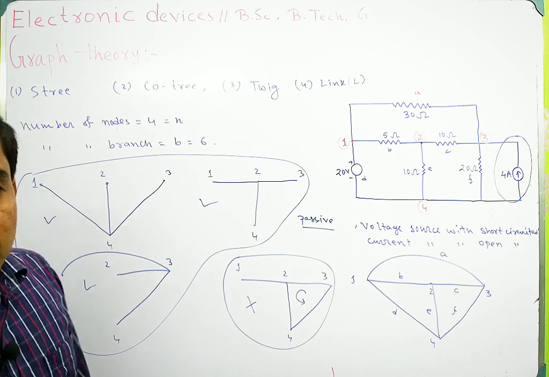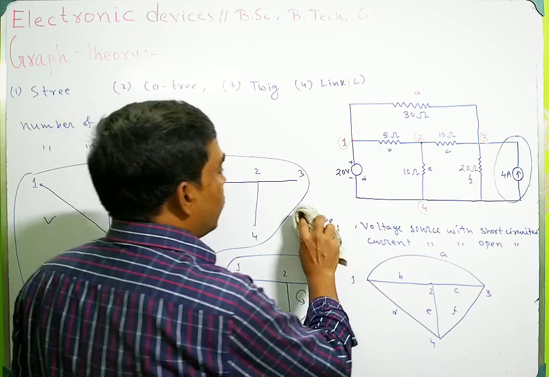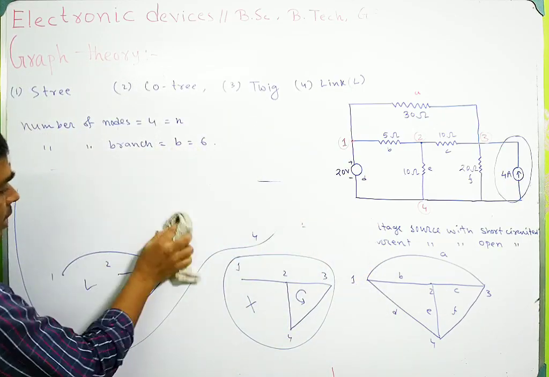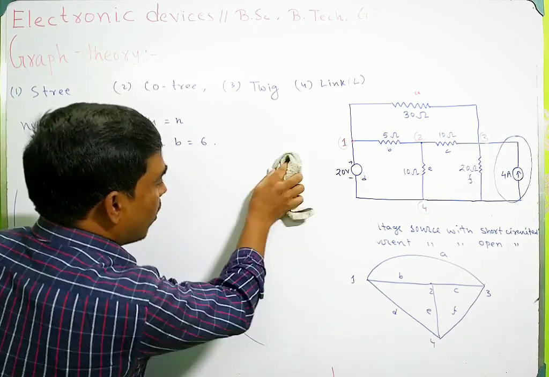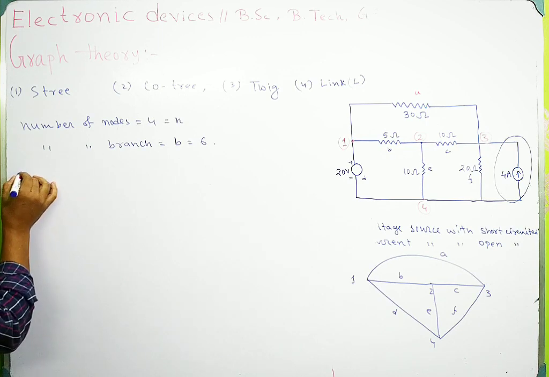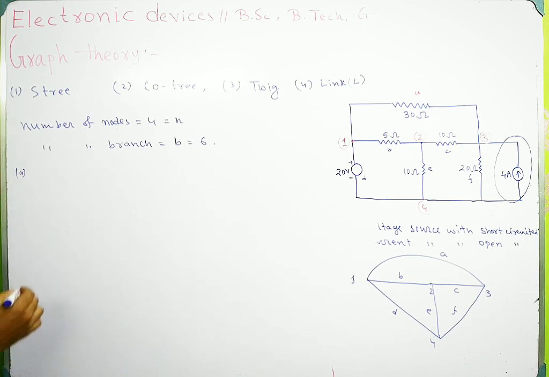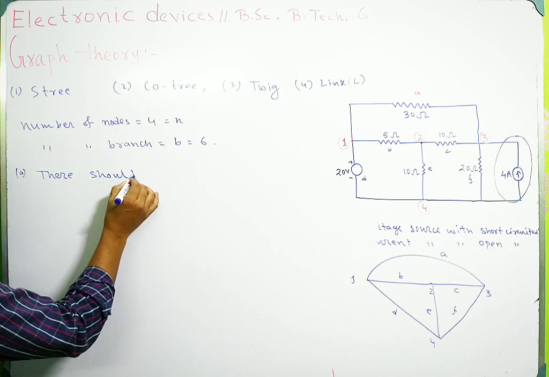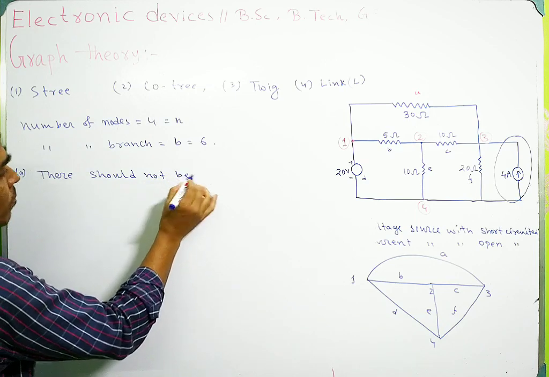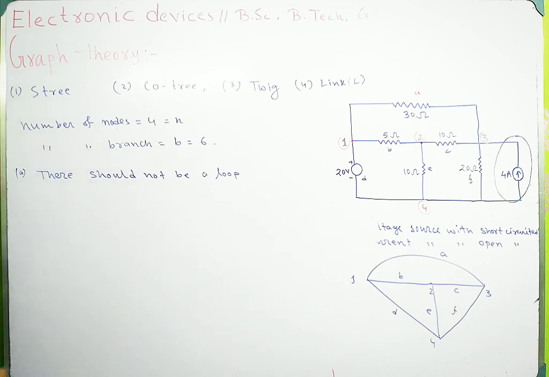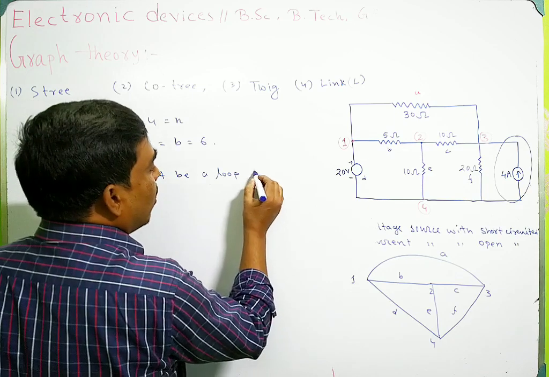So what are the properties of the tree? Number 1, there should not be a loop. There should not be a loop in a tree.